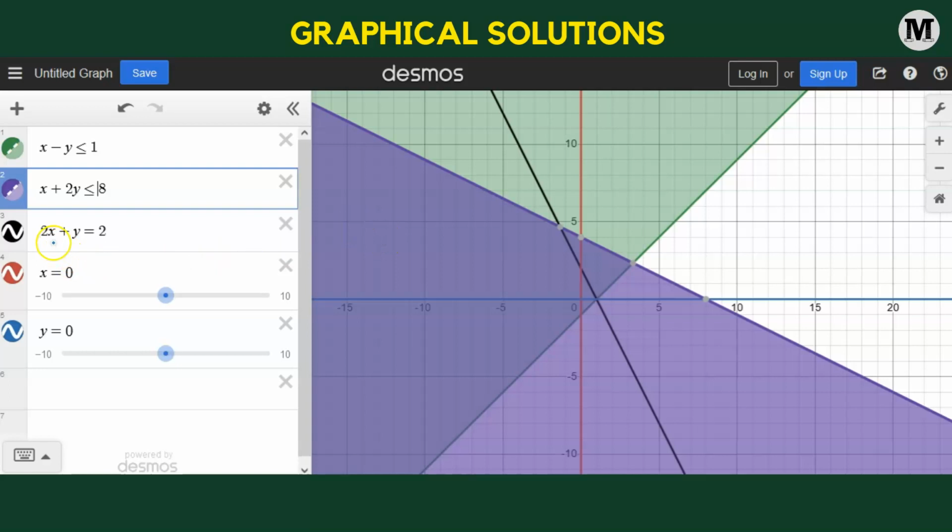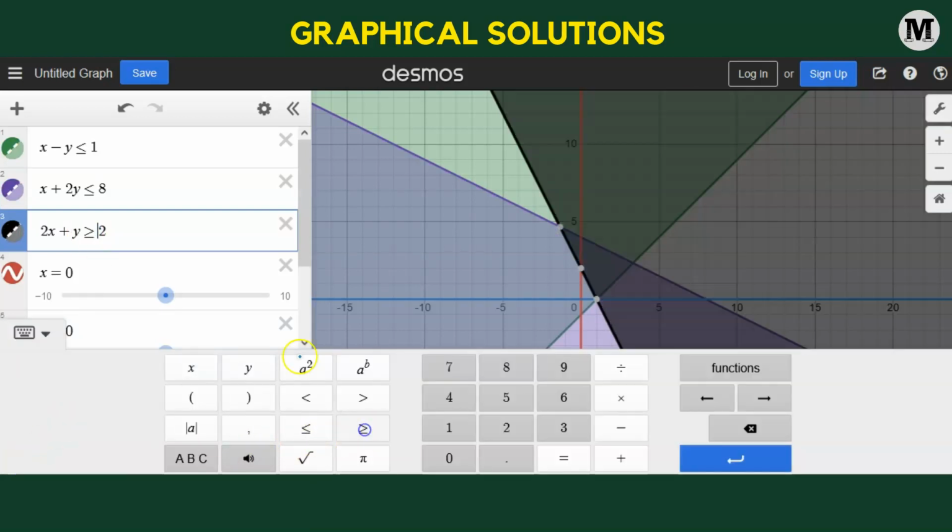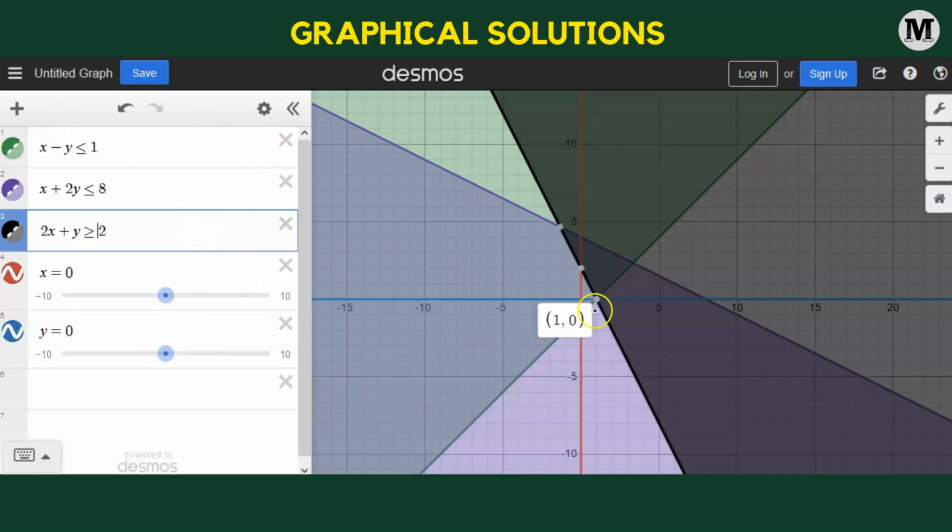Coming to the third one, we need 2x plus y greater than or equal to 2, so we change the equality sign to greater than or equal to 2. For the line 2x plus y equals 2, represented here by the black line, the origin (0, 0) is not included.